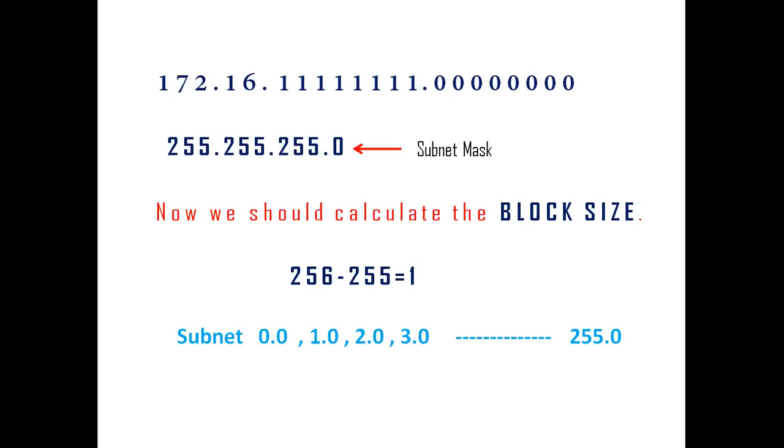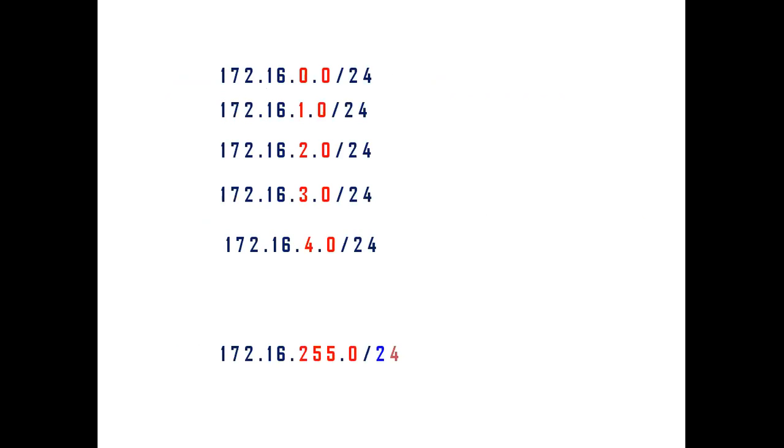So you have 256 subnets here: 0.0, 1.0, 2.0, 3.0. See all these subnets here. 172.16.0.0. The second subnet will be 172.16.1.0. The third will be 172.16.2.0.